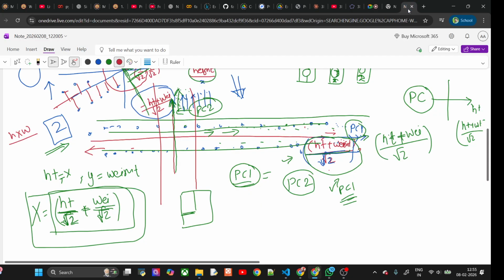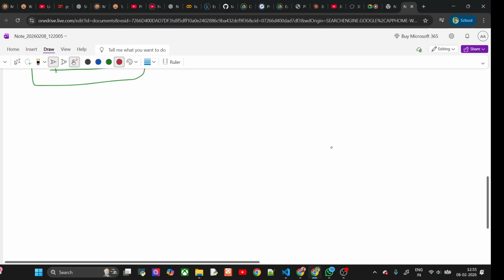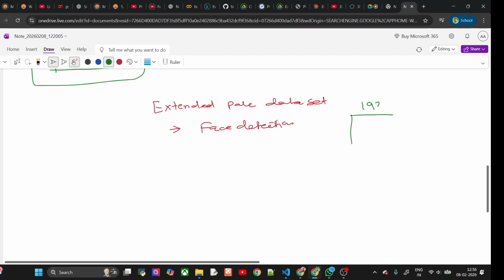I'll just write here, in the extended face detection algorithm: in face detection, each input is a 192 cross 168 image.